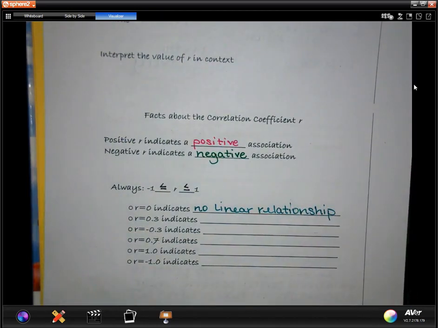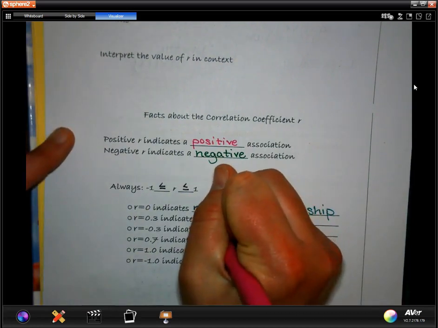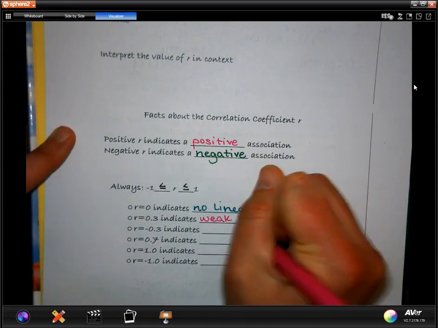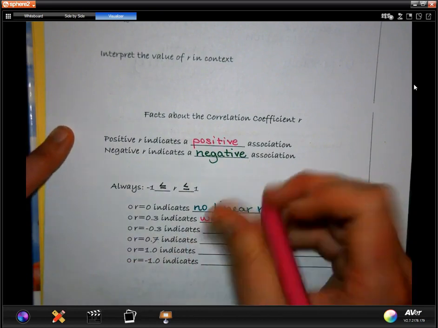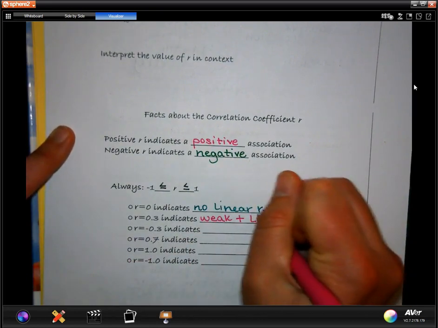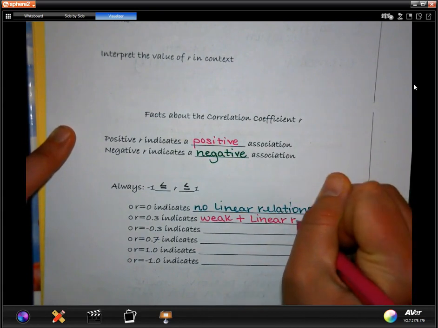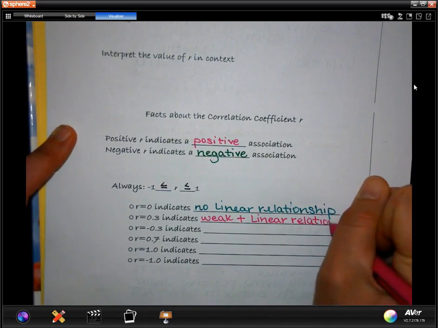If r is 0.3, that's pretty weak. You could just say weak. It's positive because our r is positive, so weak positive linear relationship, because remember r only measures linear relationships.